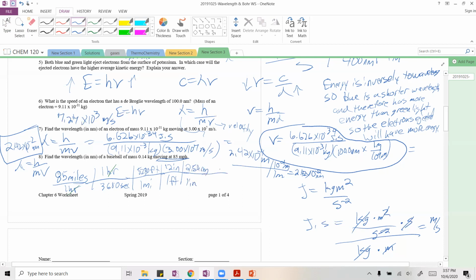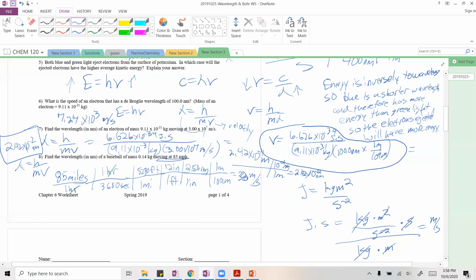And now we should be able to go from centimeters to meters. So there is going to be 100 centimeters in 1 meter. Whew. Quite a lot there. So 85 divided by 3600 times 5,280 times 12 times 2.54 divided by 100. And at the end of that huge chain, we get 38 meters per second.